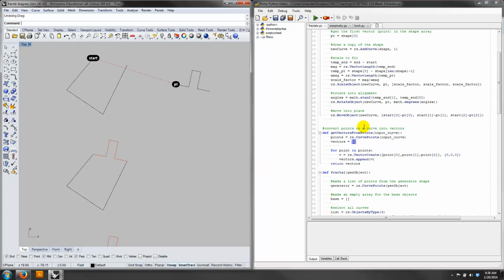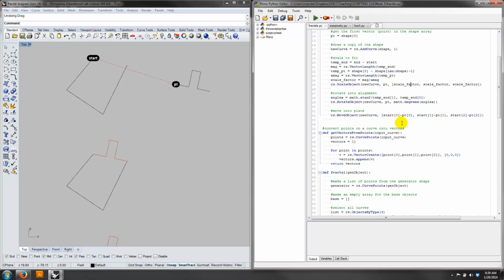There's a utility function in here, vectors from points, and all it does is it makes a vector array, it gets the points from that, and it just transposes the XYZ coordinates to be the XYZ vectors of a new vector. And then it just keeps adding each vector to a list of vectors, and then it returns that list. So it's basically just a translation, sort of like a utility function. And again, we use that vector math in different places here to make some of these operations simpler.